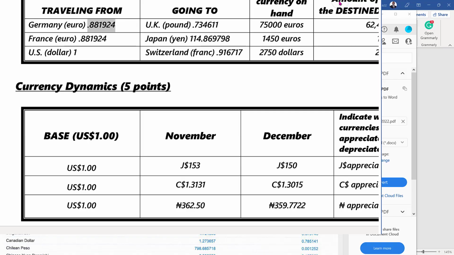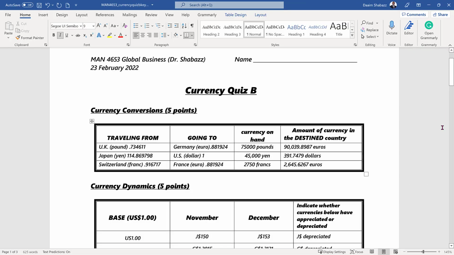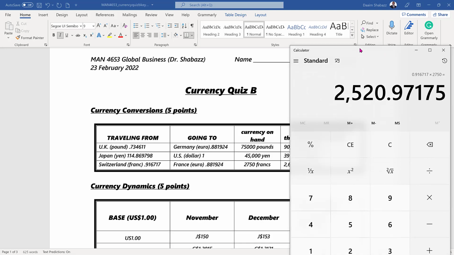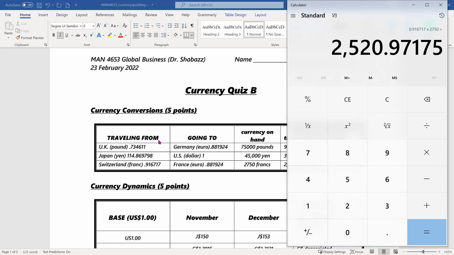For currency B, currency chart B, you're going to have the same situation except it is in reverse. So in this situation, you're going from England to Germany. It is the 2 over from again.